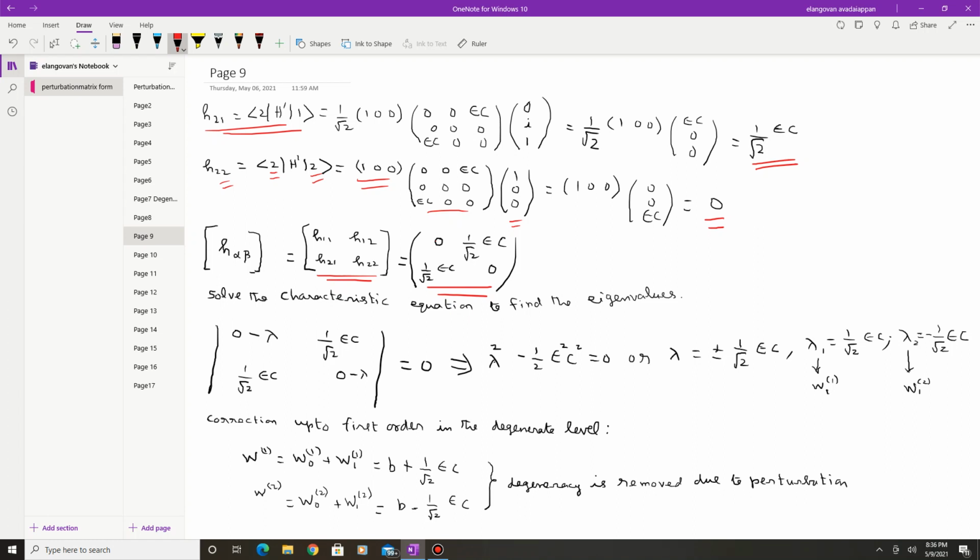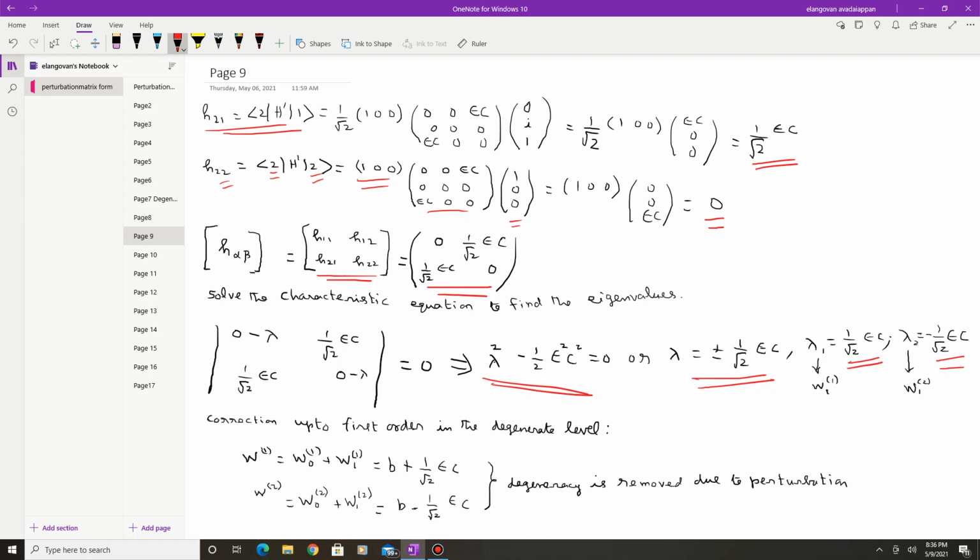This must be 0. And to solve this one, you get the characteristic equation. Solving this characteristic equation, you have two values: lambda is equal to plus or minus 1 by root 2 epsilon c. So one is the plus value, lambda 1 is 1 by root 2 epsilon c. Another one, lambda 2, is equal to minus 1 by root 2 epsilon c. So there are two values.